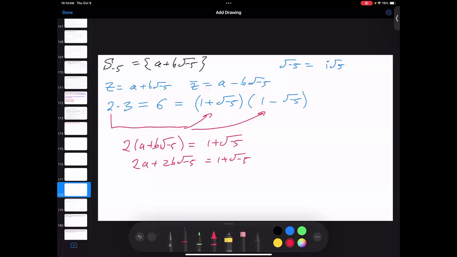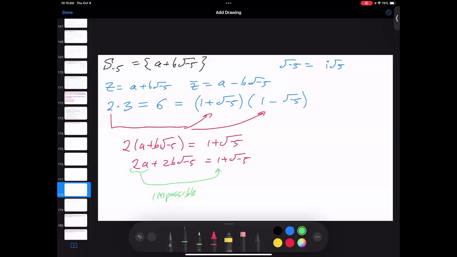So I need to find a value of a such that 2a equals 1. Can you find a value of a such that 2a equals 1? Wait, no. So this is impossible. Similarly, if I tried to divide 1 minus the square root of -5, it wouldn't work.